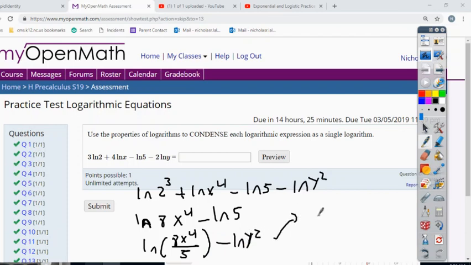And that's equal to the natural log of 8x to the 4th over 5 divided by y squared over 1, which is the same thing as times 1 over y squared. That becomes the natural log of 8x to the 4th over 5y squared.